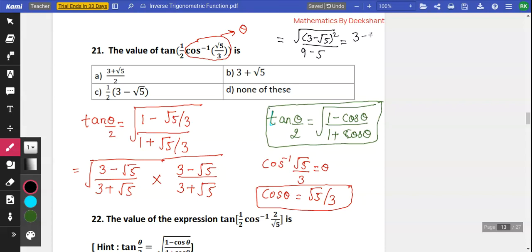We get 3 minus square root of 5 upon square root of 4, which becomes 2. So the correct answer is option C.